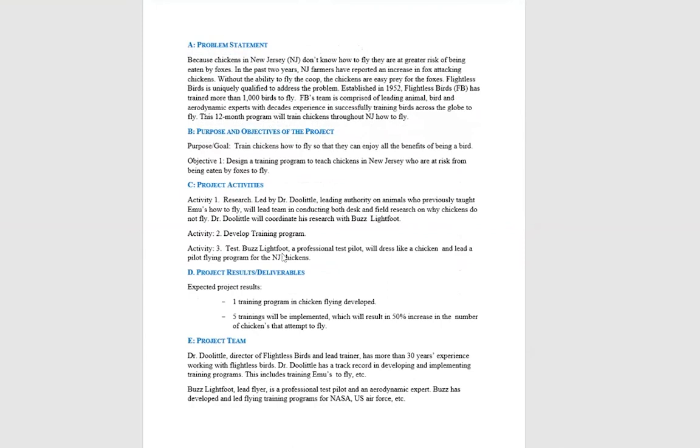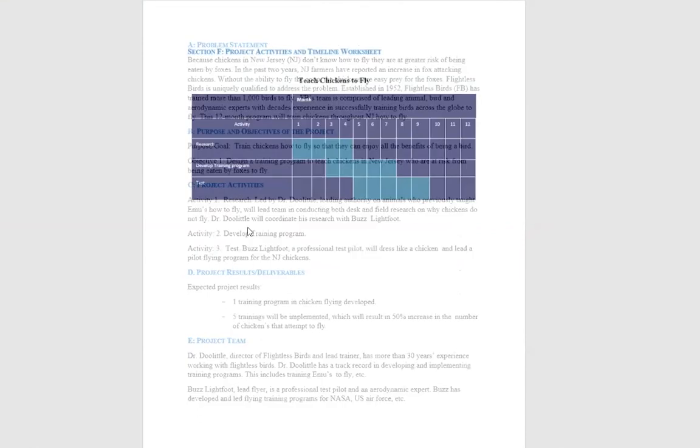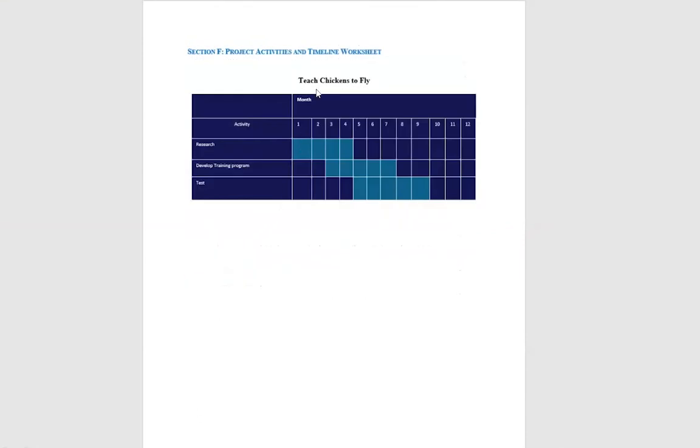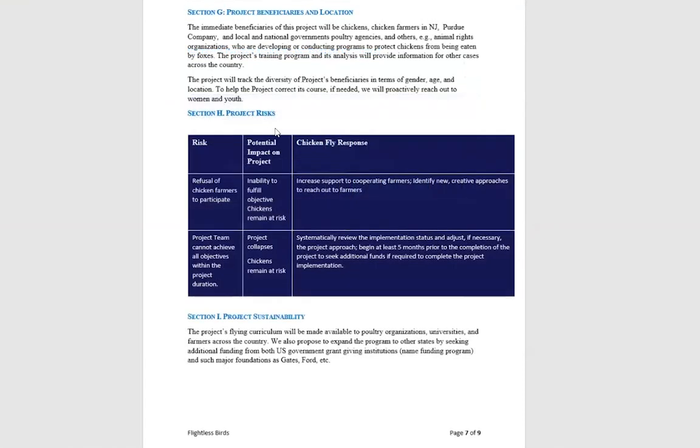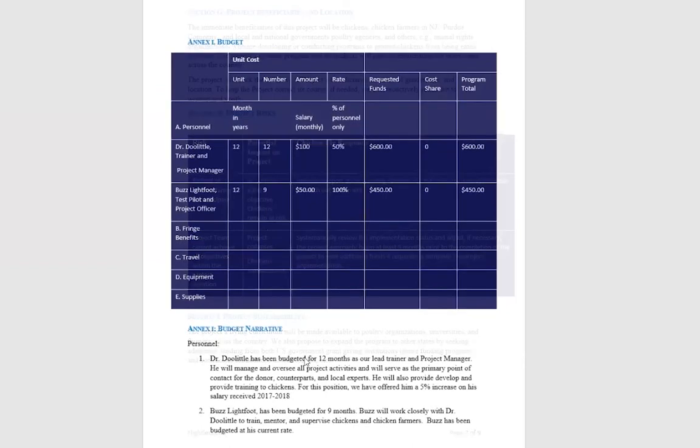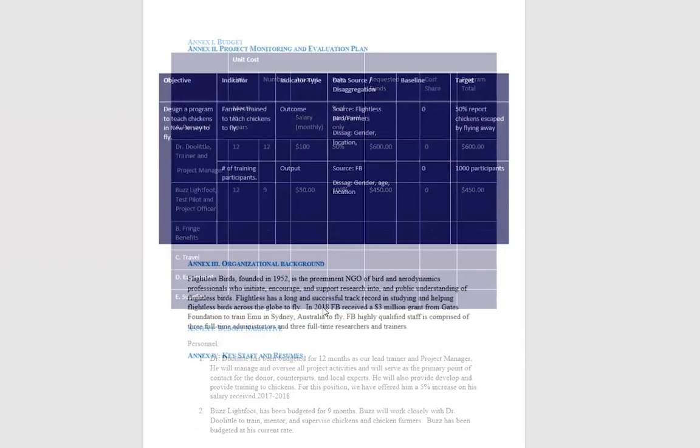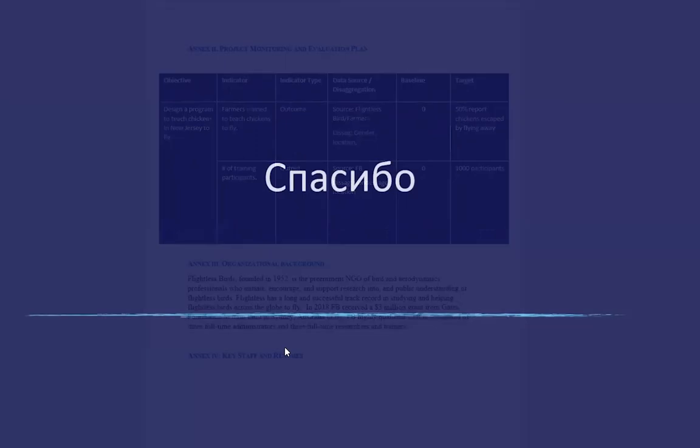And make sure, please, you label it as such: problem statement, purpose, project activities, project results and deliverables, the team. This is my activities and timeline that we just discussed. This is my project beneficiaries. I talked about who's going to benefit from it. This is a summary of the risks, how we think the project will continue long after the funding is done, my budget narrative.